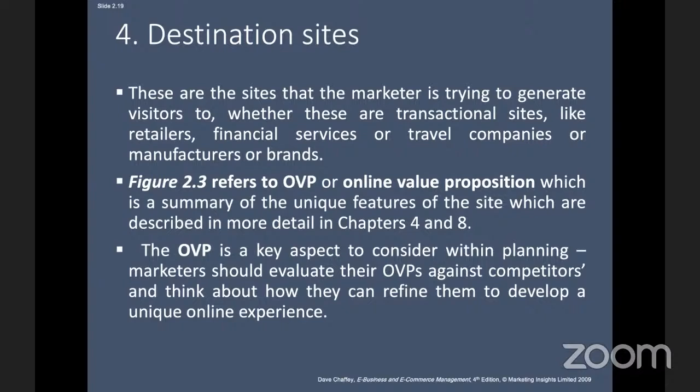And then we have financial services websites and manufacturers or brands, the same. Figure 2.3 refers to the OVP, or online value proposition, which is a summary of the unique features of the site, described in more detail in chapters 4 and 8. The OVP is a key aspect to consider within planning. Marketers should evaluate their OVPs against competitors and think about how they can refine them to develop a unique online experience.